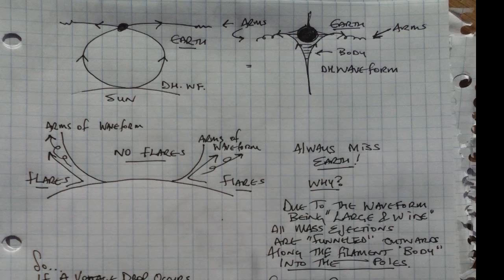When we do have flares, they always flare off and go outwards, but they always reach our poles when there's been an ejection. That's because the energy is following the waveform, because that's the waveform that attaches Earth to the sun. So the energy must follow the waveform, and it spins out and around and goes into the poles, southern and northern, which is why we have the northern lights.